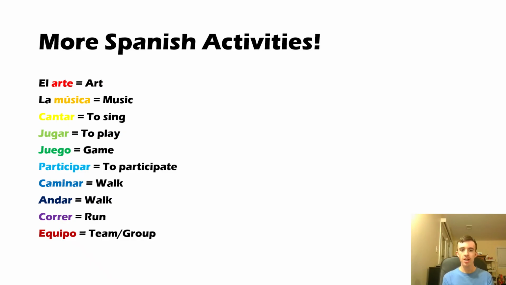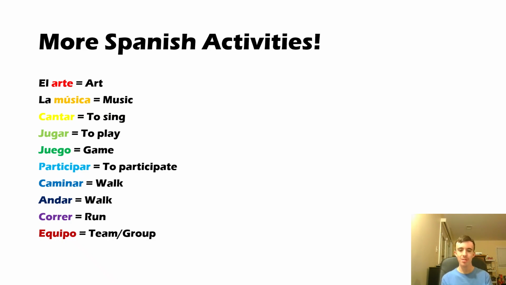Then participar is almost exactly like its English equivalent, participate. Then caminar means to walk, like, let's see, I came on a walk. Okay, then andar means to walk.